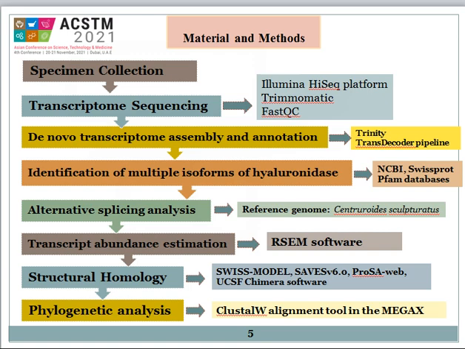Then the quality of the predicted structures was evaluated via PROCHECK through SAVES version 6 and also by Z-score through the ProSA-web software. Finally, the UCSF Chimera software was used for structural alignment and visualization of the predicted structure.